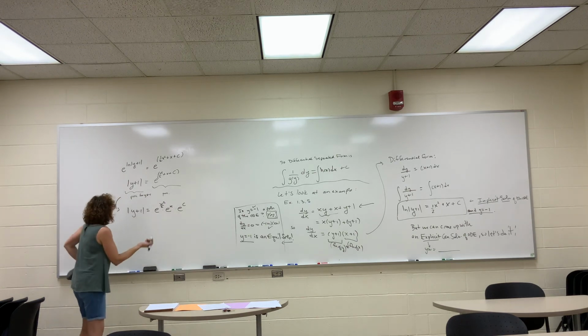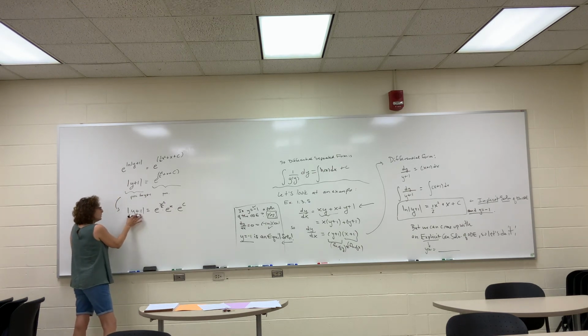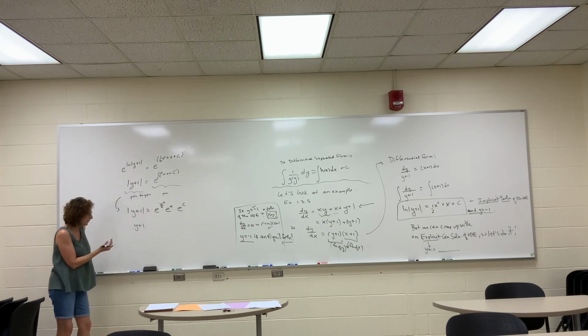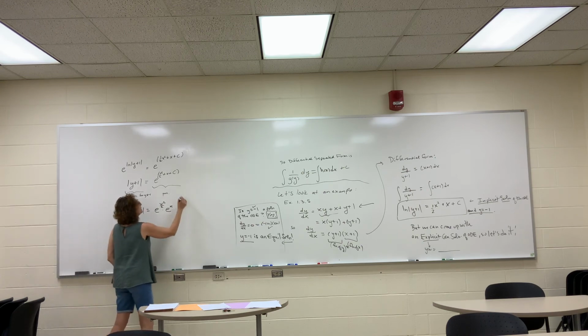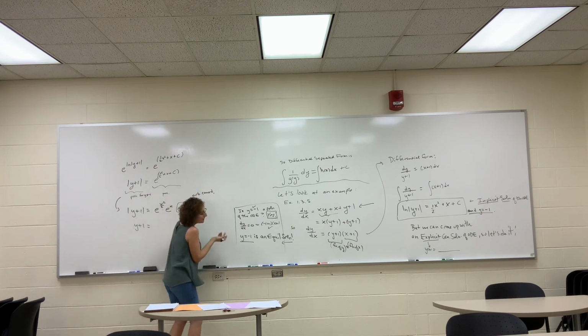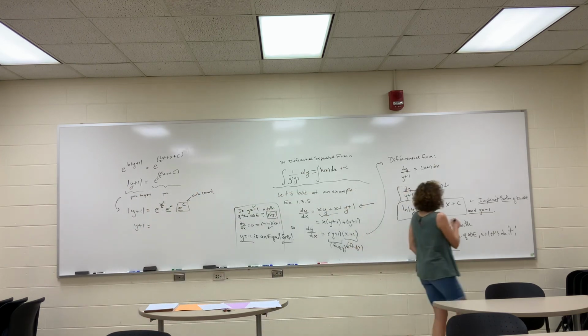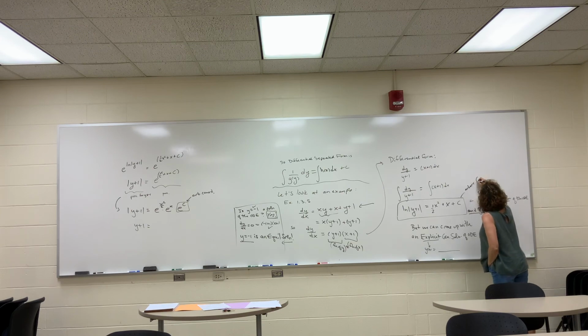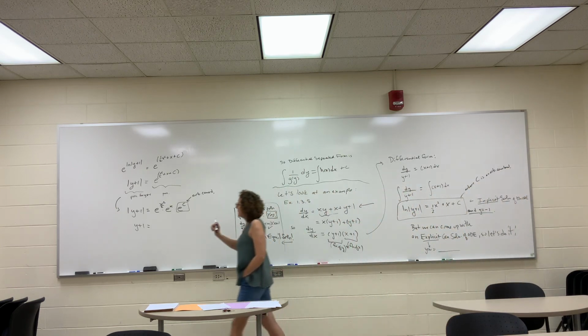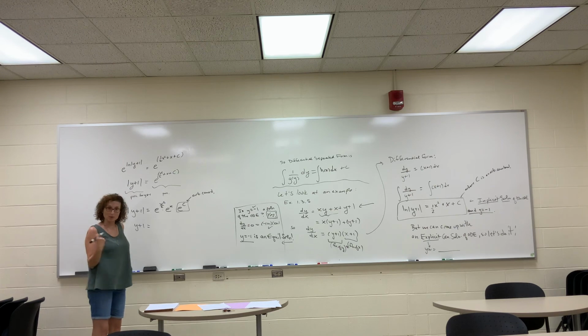So what's the deal with this guy? If I drop the absolute values, he's either positive or negative. If I want to write this without the absolute values, note c is an arbitrary constant, so e to the c is also an arbitrary constant. E is a specific constant, and e raised to an arbitrary constant is an arbitrary constant.